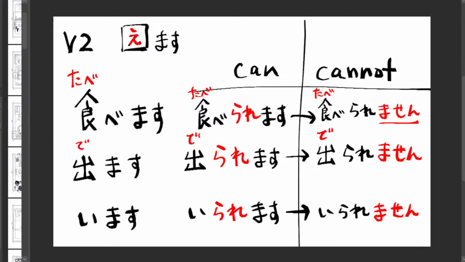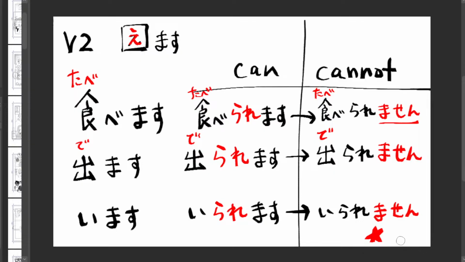Iraremasu, iraremasen. Wait, let me just. Can you see the star? Okay, there's some lag there. Yeah, okay, that's good.